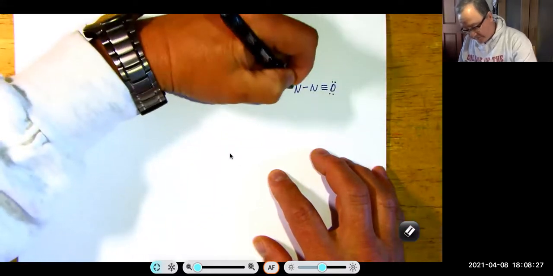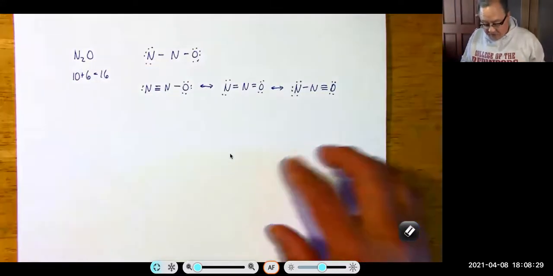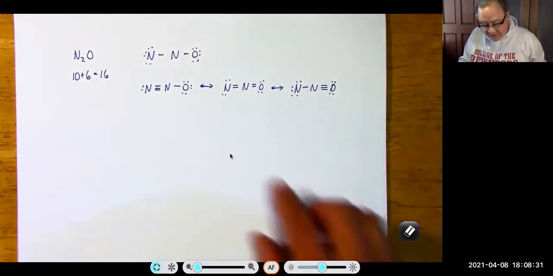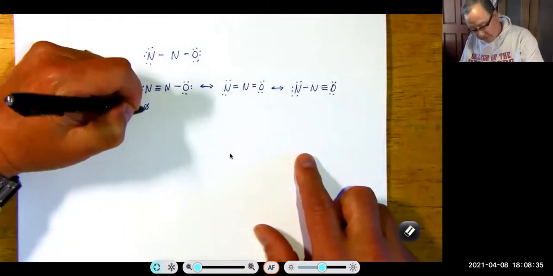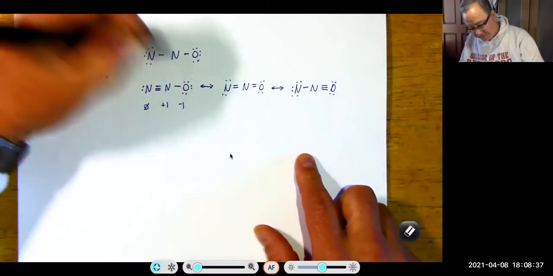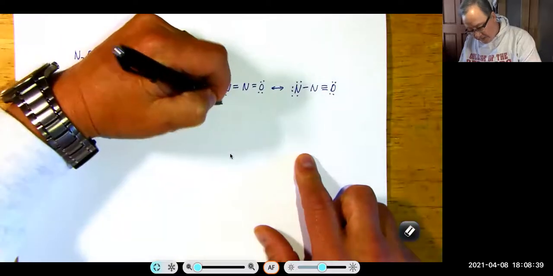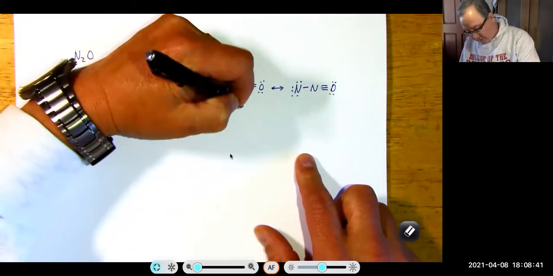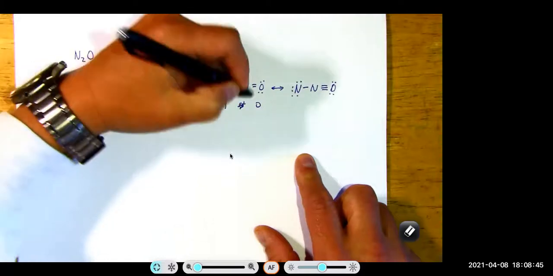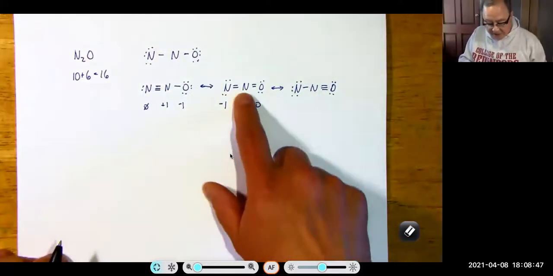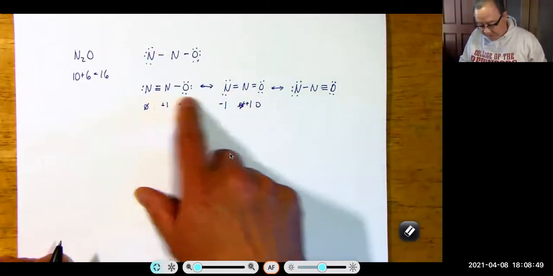It does. Okay, so here, when we assign formal charges, we get a 0, +1, -1, -1, 0, 0, and +1. There's no reason for that one to change because it's got 4 bonds here and 4 bonds here.